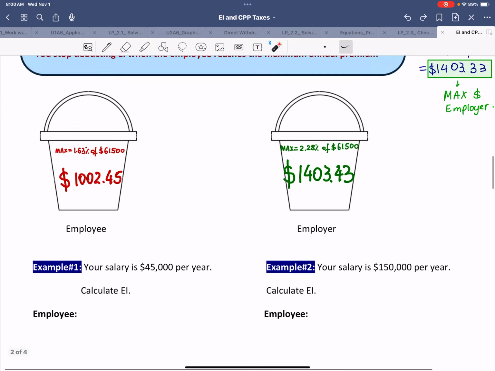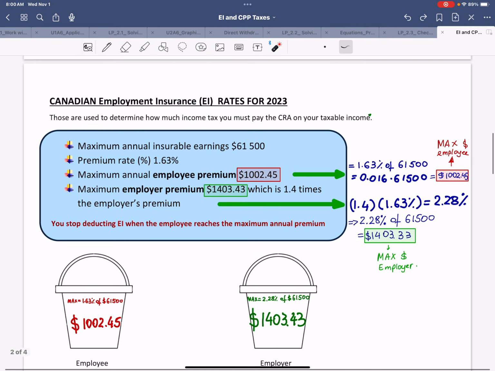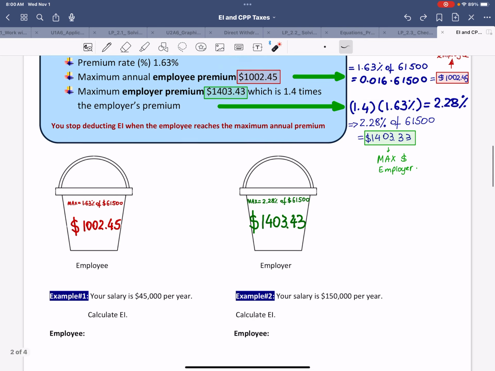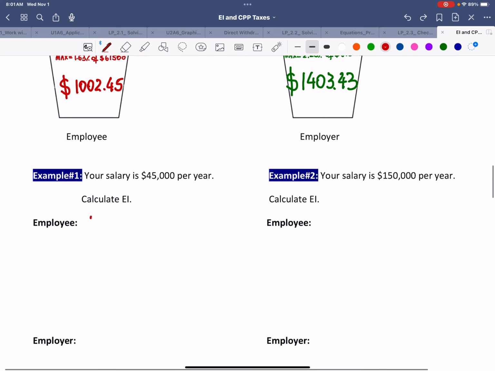Suppose that your salary is $45,000 per year. Now remember that 61,500 is the maximum, and this is lower than the maximum, which means that the employee will be paying 1.63% of 45,000.